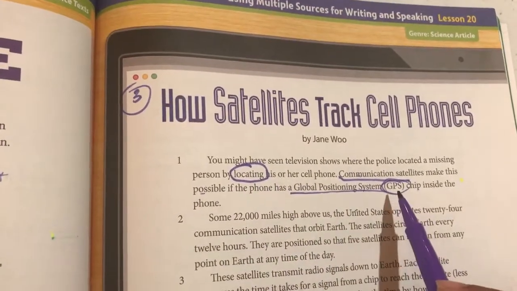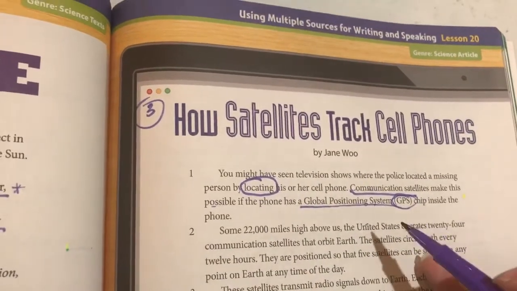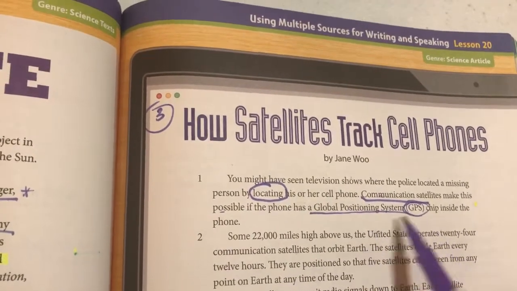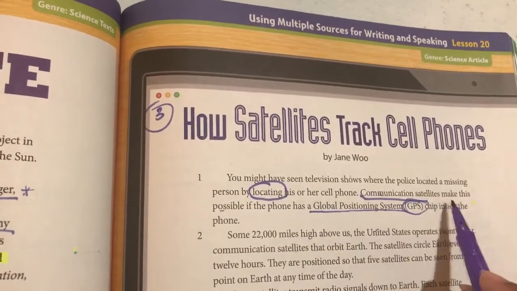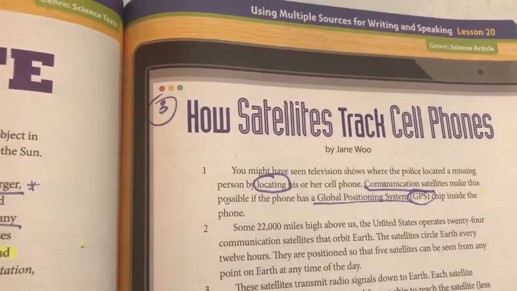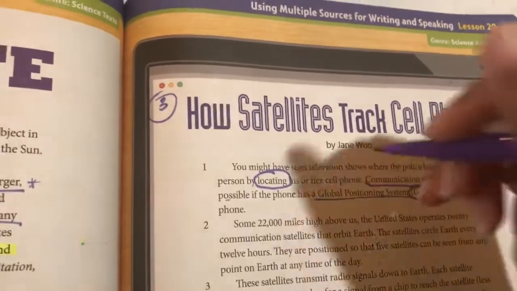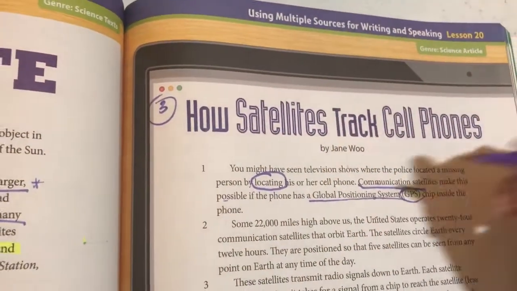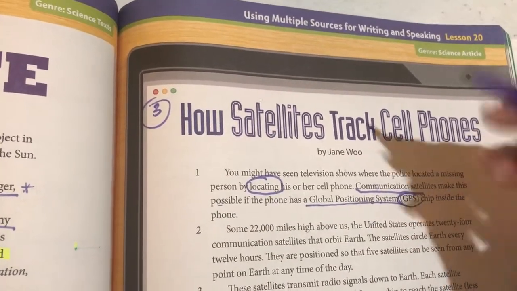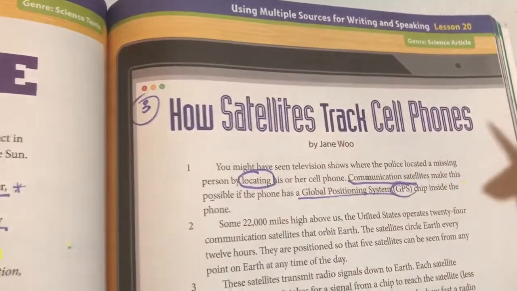We turn on our GPSs on our phone, like the Maps app, when we want to go to a place that we're unfamiliar with. Okay, so communication satellites make this possible if the phone has a GPS chip inside the phone, which most phones do. Okay, so again, I'm seeing this word communication, and that's the whole point of the GPS chip. It allows us to interact or to locate something else.